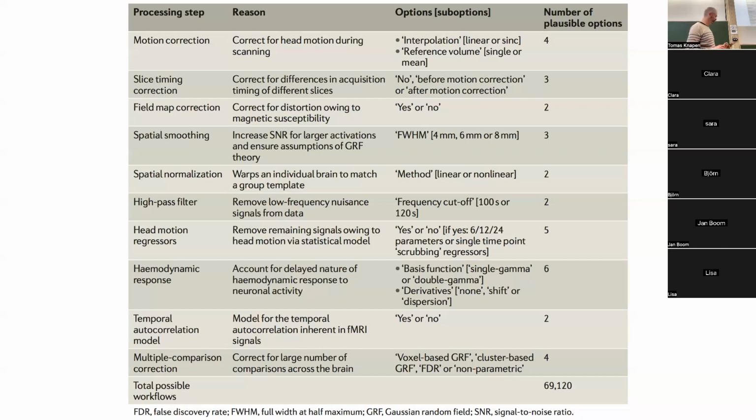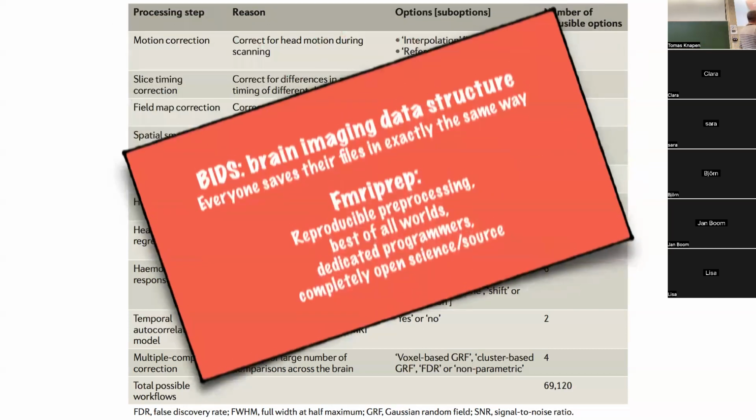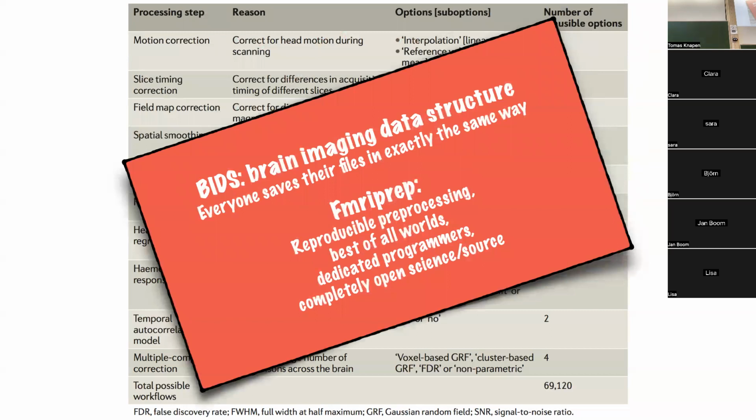There are two factors here. One that I'm going to go through is BIDS, which stands for Brain Imaging Data Structure. That resolves the problem of everybody saving their data in a different format. If we all save our data in exactly the same format, it becomes much easier to share data, for example.